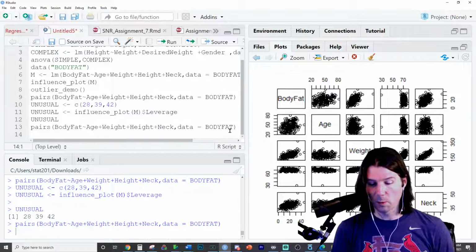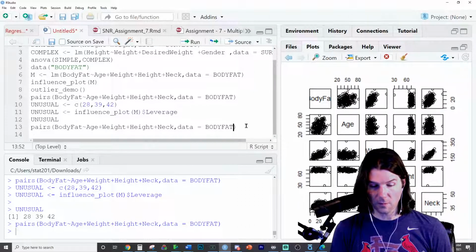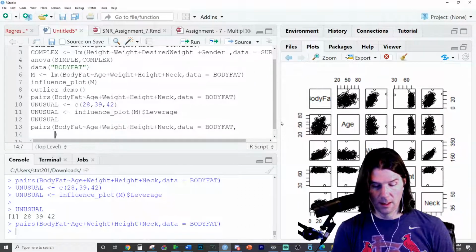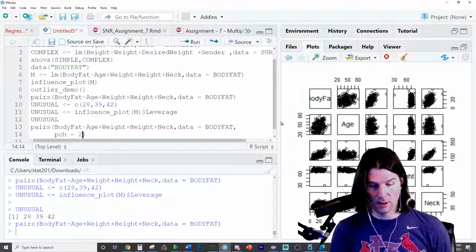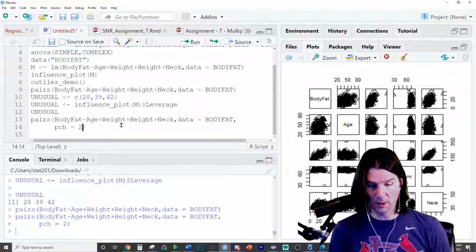So what we're going to do is write a really cool code right here. We're going to go outside the pairs command and type PCH, and let's type 2. Good, that's what we want.